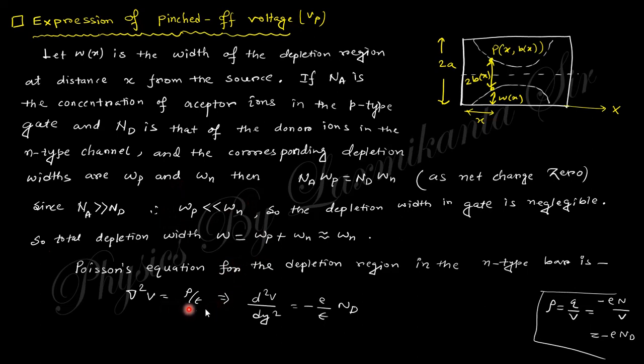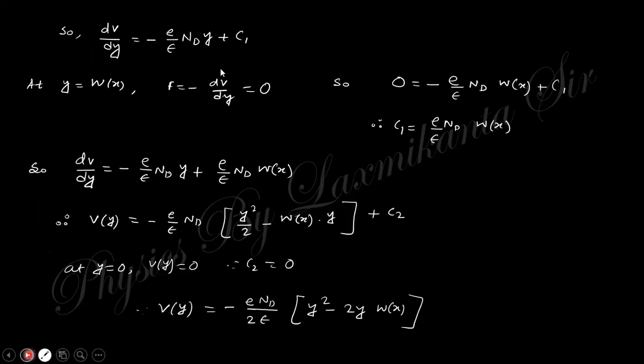From Poisson's equation, this will be the equation, and if you integrate, you will get these terms, and if you put in this boundary condition, you will get this value of C1. Putting in this value of C1 and integrating again, you finally get this relation.